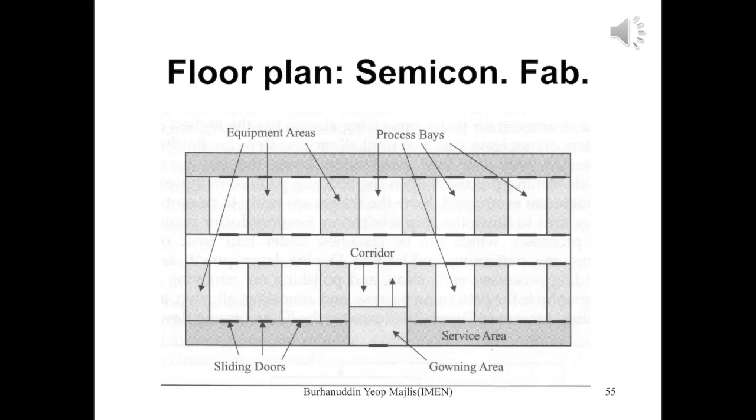Then we have the equipment area, the gray area, and also the service area or sliding door, so that here we can enter the process area, the clean room. So the maintenance engineer or technician can use this bay to maintain the equipment.